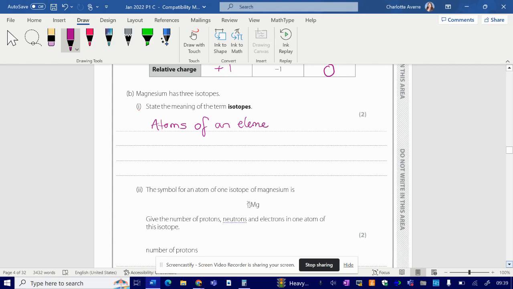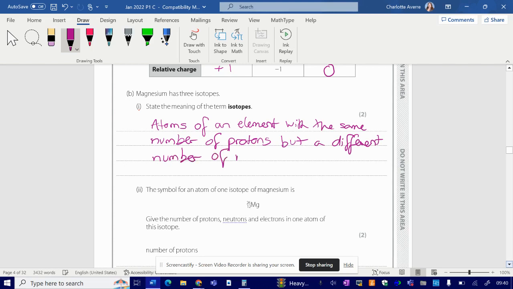So atoms of an element with the same number of protons or the same atomic number and a different number of neutrons or a different mass number. If you're talking about number of protons, talk about number of neutrons. If you're talking about atomic number, talk about mass number.